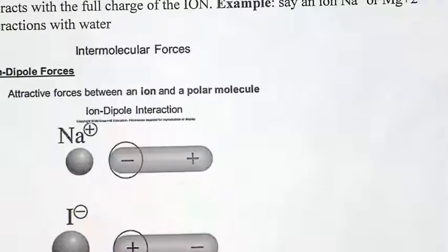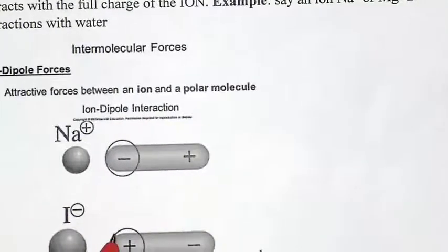It's between an ion and a polar molecule, and this is the reason why we have our solubility table. If you remember your solubility table from Chemistry 1, think of sodium chloride or your sodium nitrates, or all those things.